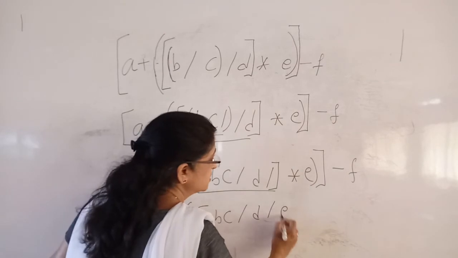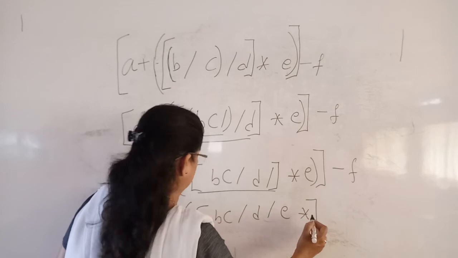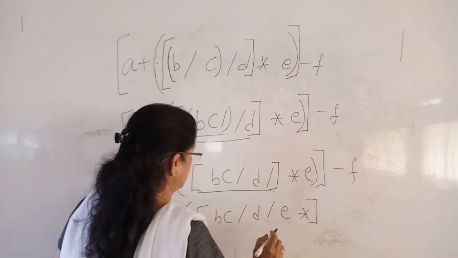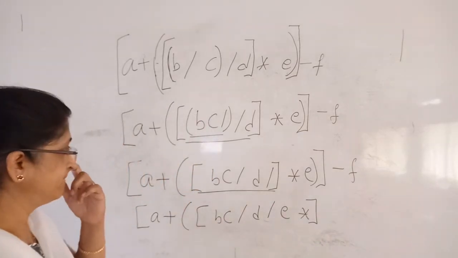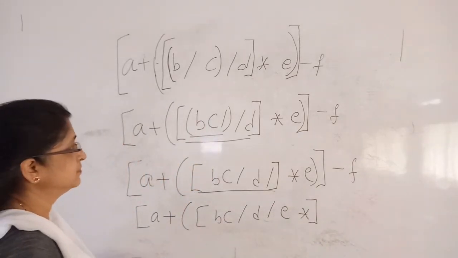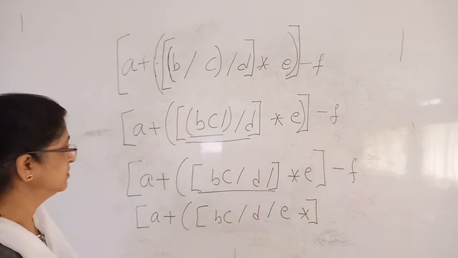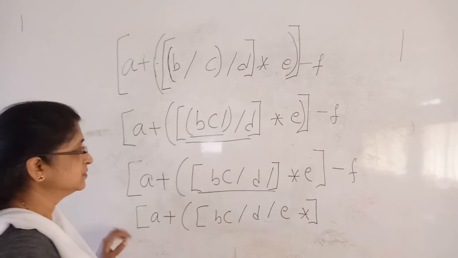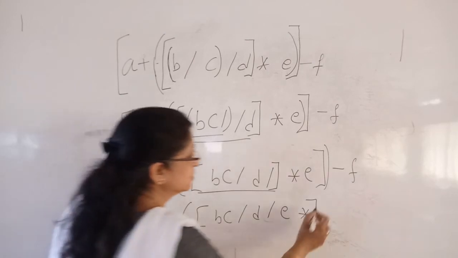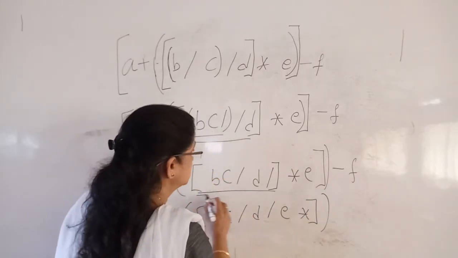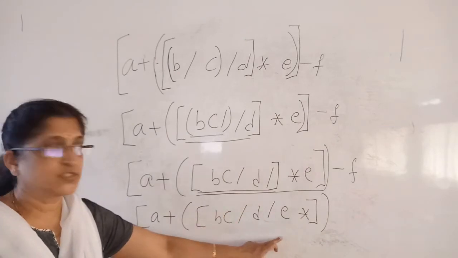The second operand is E. Then write the operator. Now I have converted this part to the postfix form.